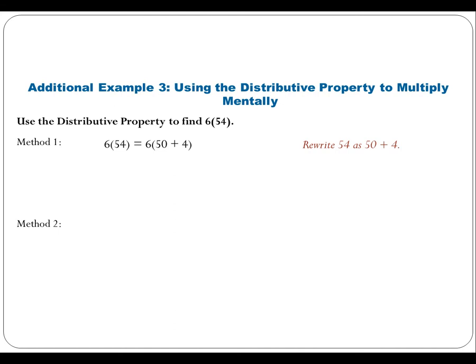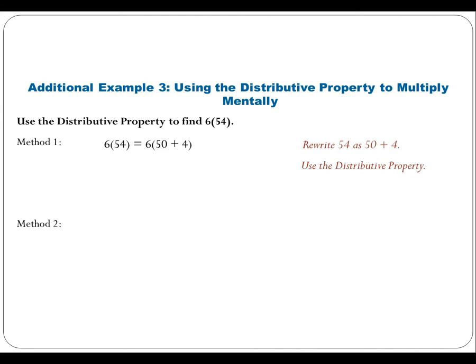So now we're going to use the distributive property. What is 6 times 50? Yes, sir. 300. Good job.